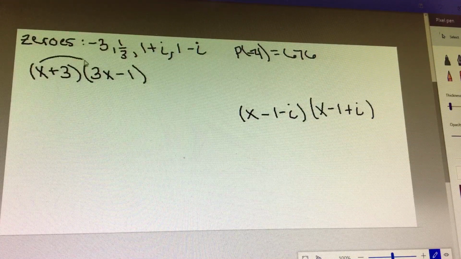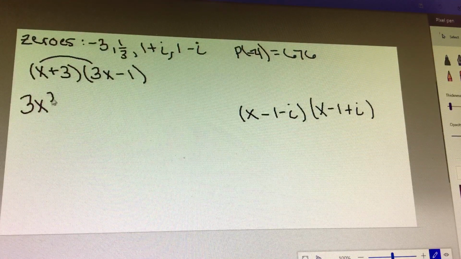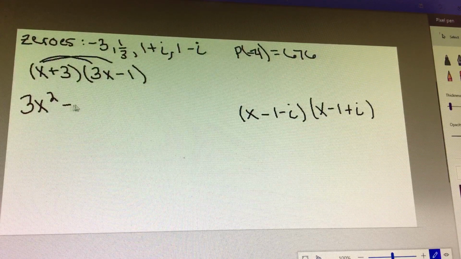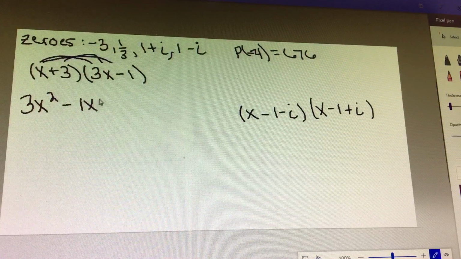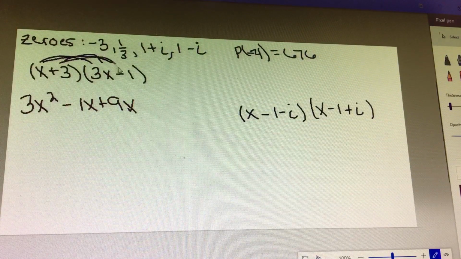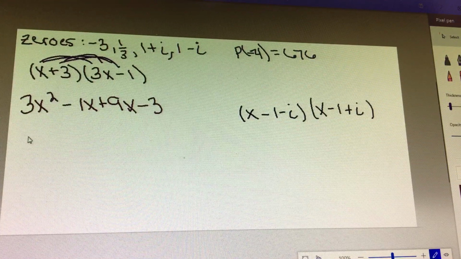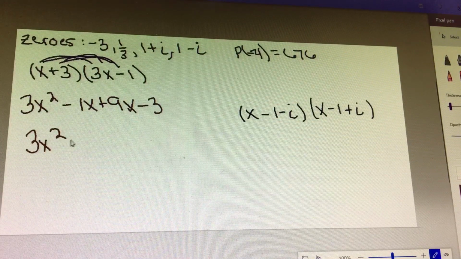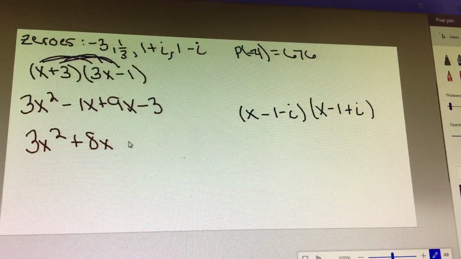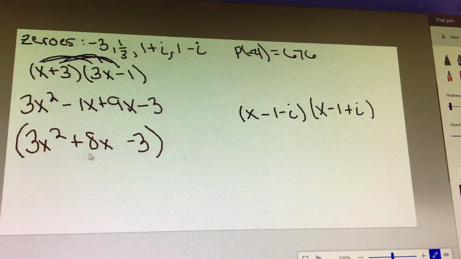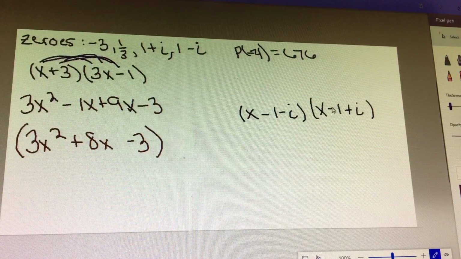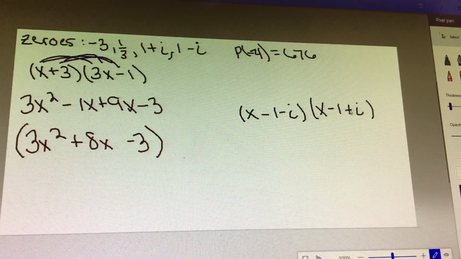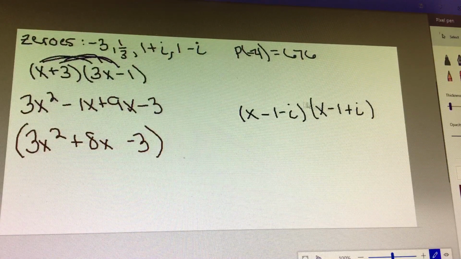We have x times 3x, which gives us 3x squared. x times -1 is -1x. 3 times 3x is positive 9x, and 3 times -1 gives me a -3. Combining my two middle terms, I have 3x squared plus 8x minus 3. That goes back into parentheses because then I'm going to multiply it by the product here.